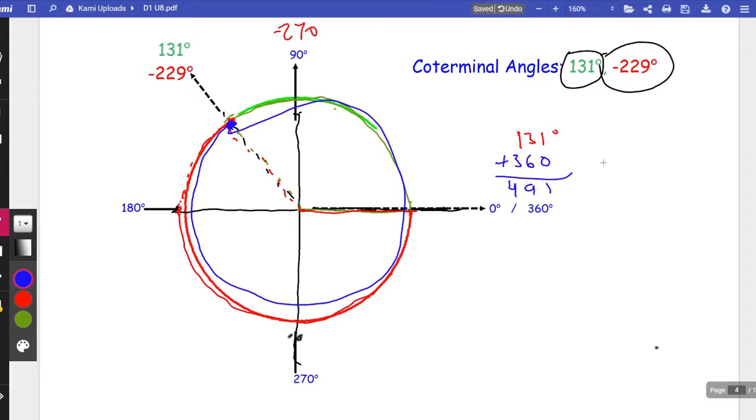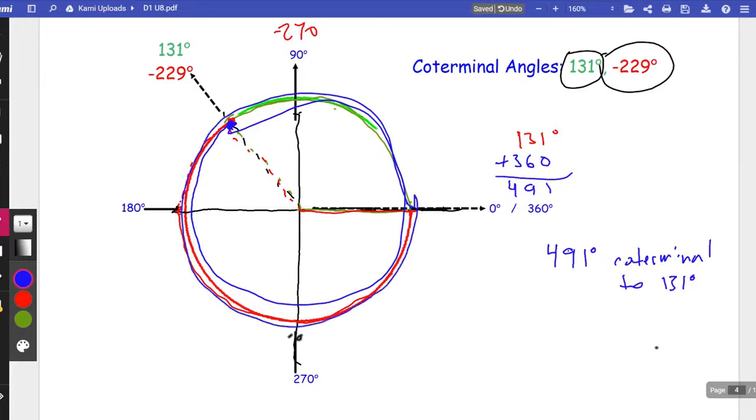That means that 491 degrees, granted that is more than 360, so it's more than a full circle, but this would be coterminal to 131 degrees. Because 491 would be like, okay, here's 360 degrees of it, and now 131 more leaves me right there.